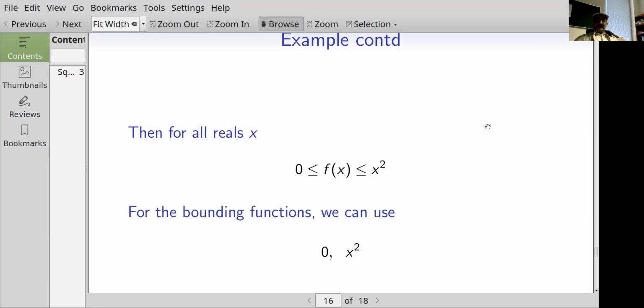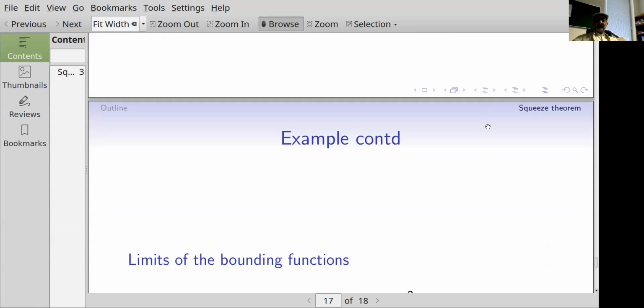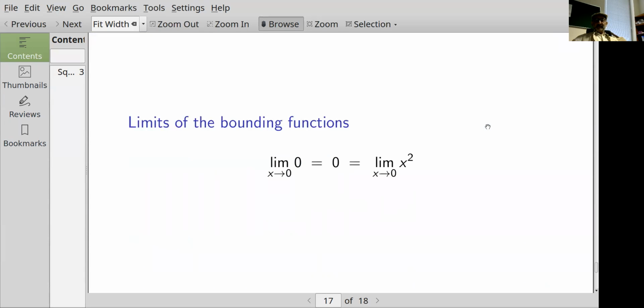So now the values of this function f, which is complicated, lie between the values of two simpler functions, a constant function and a polynomial. And the limit of the constant function and the limit of the polynomial function are both equal to 0.